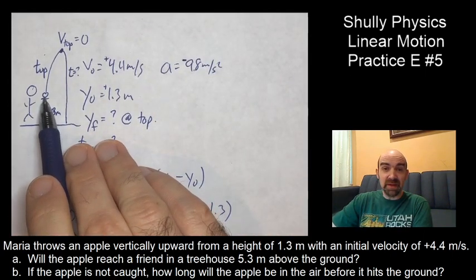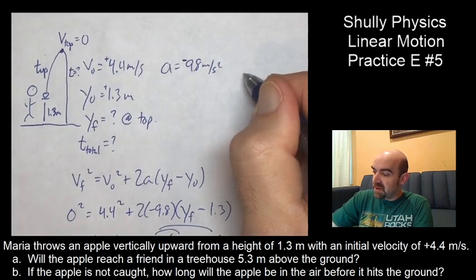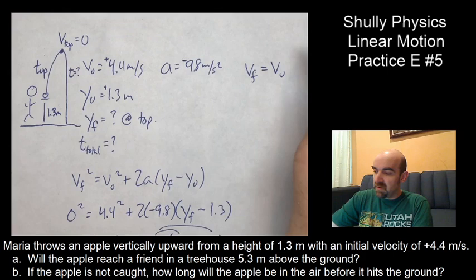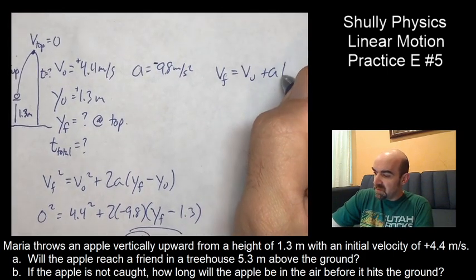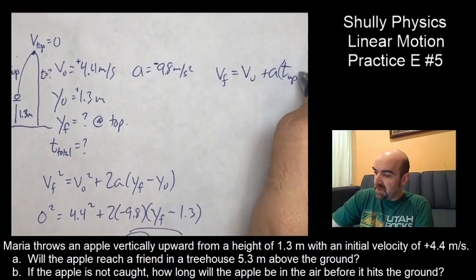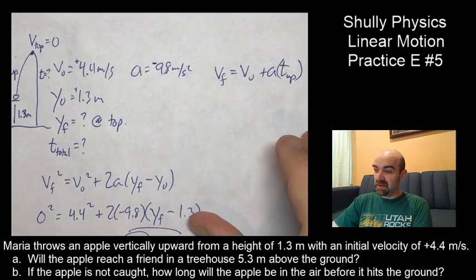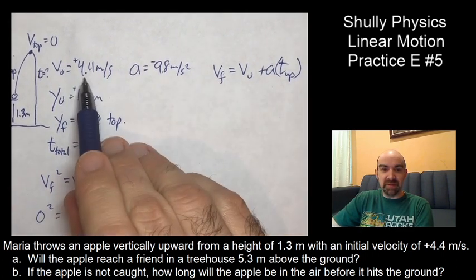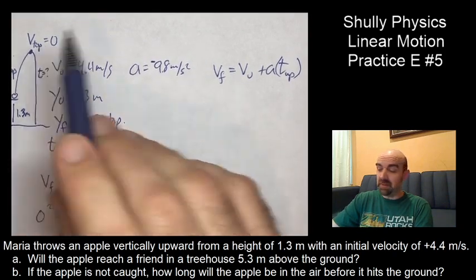You do have an initial velocity and a final velocity. So for that first part, I recommend using this equation for that time up, Vf equals V0 plus AT. The initial velocity is the one given there, and the final velocity is 0 at the top.